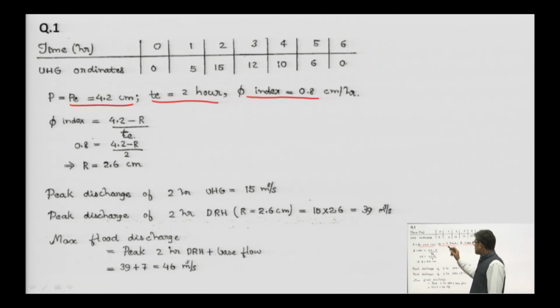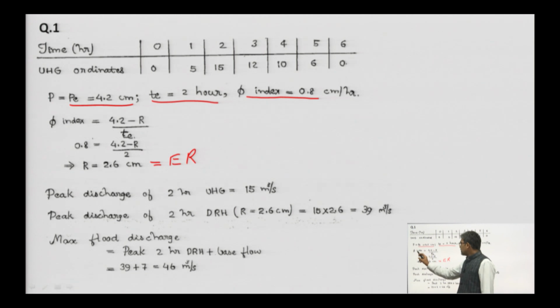So, based on this data of storm and catchment, we can calculate the runoff, or you can say effective rainfall. How can it be calculated?